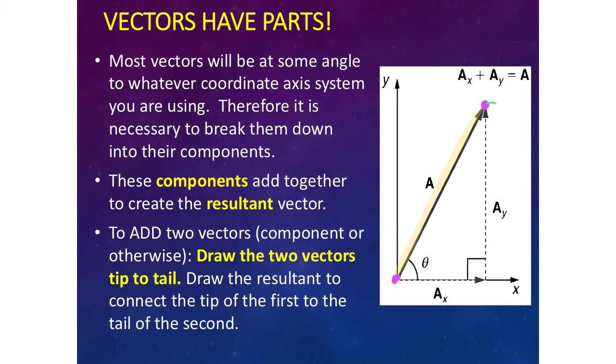In other words, the x or horizontal component of a vector plus the y or vertical component of a vector equals the vector. When we add vectors up like this, we draw them from tip to tail. You would start at the origin, or the part that you're interested in, and you would draw your first vector.